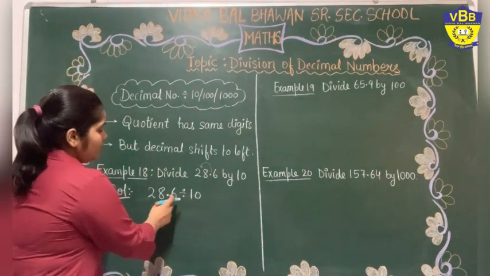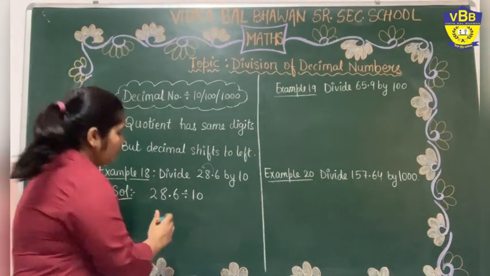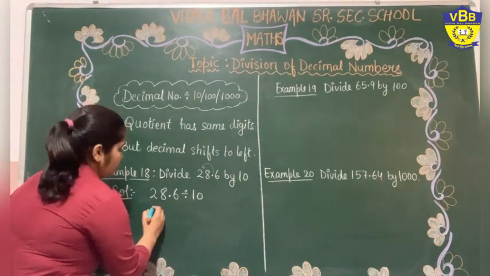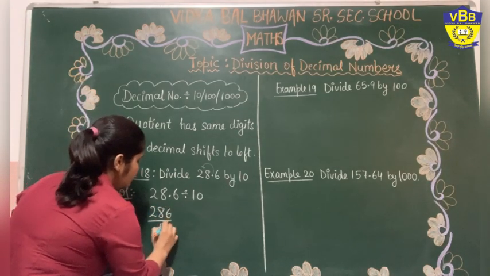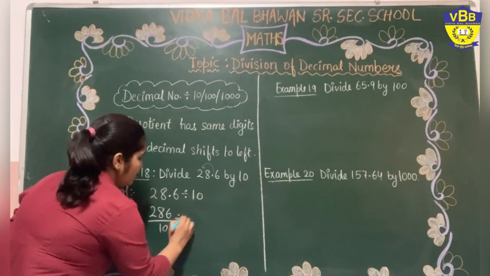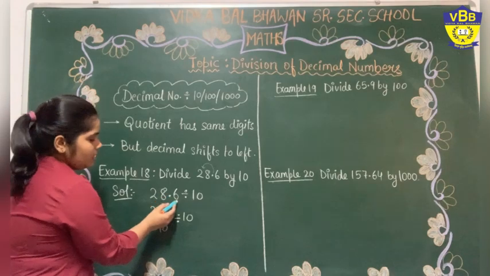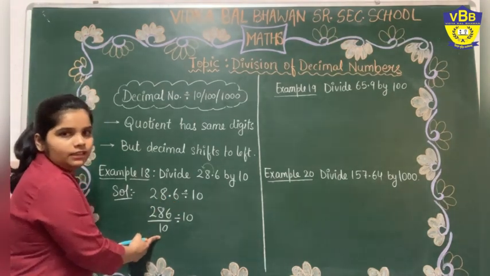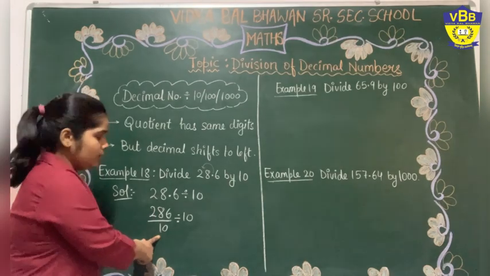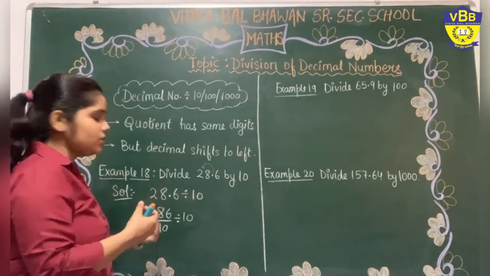When you write this decimal number as a fraction, it equals 286 by 10, and we are dividing it by 10. Why 10? Because there is only one digit after the decimal, so we have placed 10 in the denominator, having 1 zero. Now what do we do when we divide fractions?